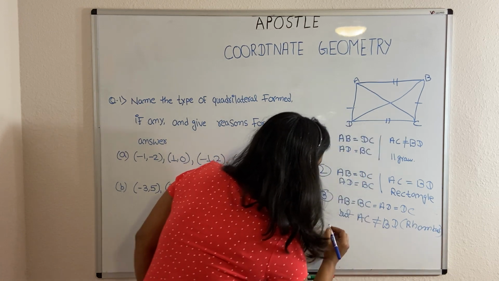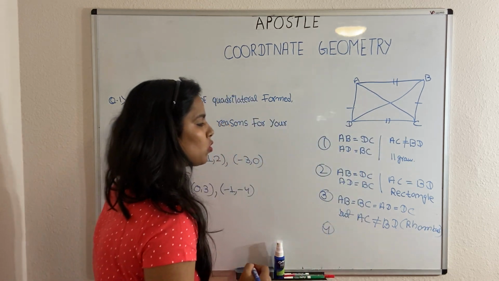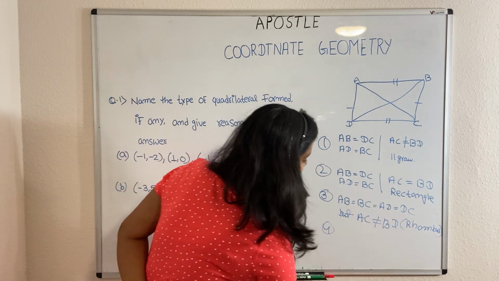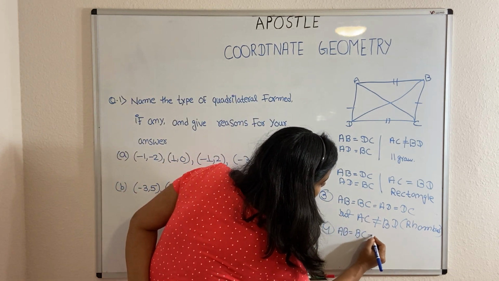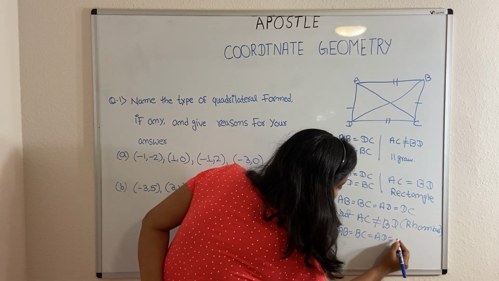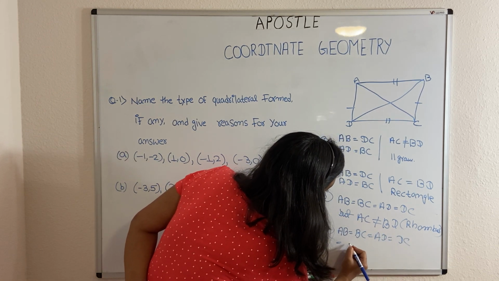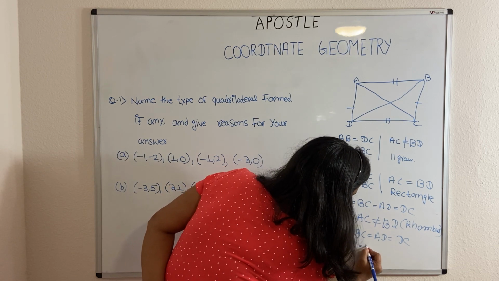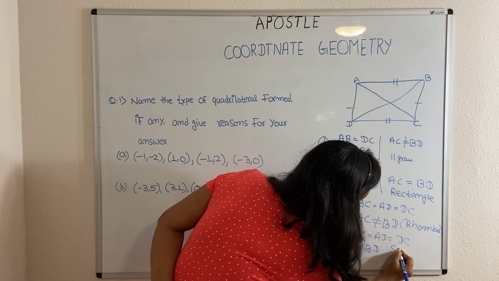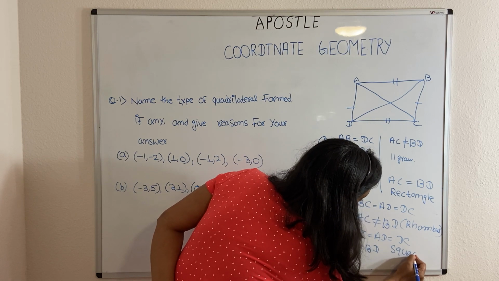Clear? And the fourth one is our square. In a square all four sides are equal: AB is equal to BC is equal to AD is equal to DC, and also our diagonals are equal to each other. AC is equal to BD. So we call this a square.